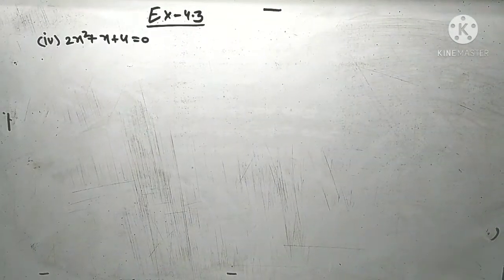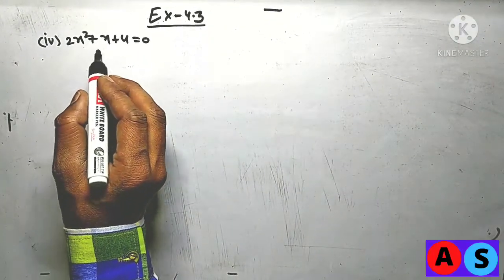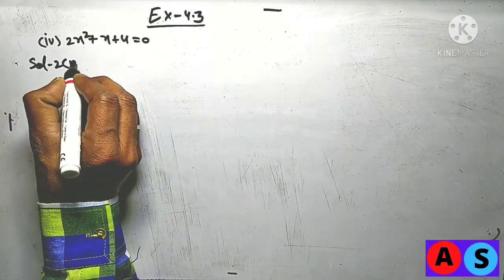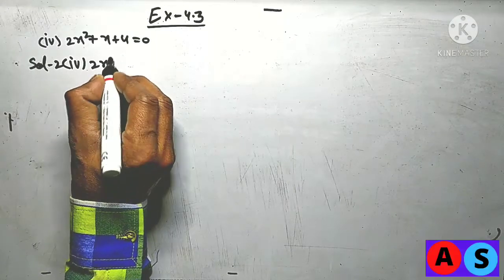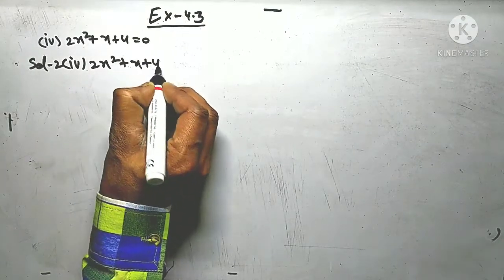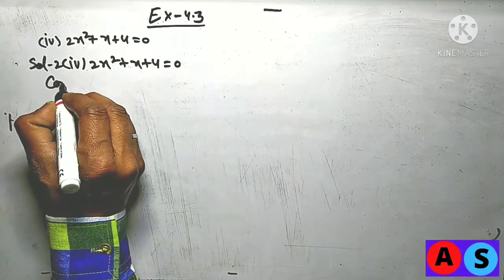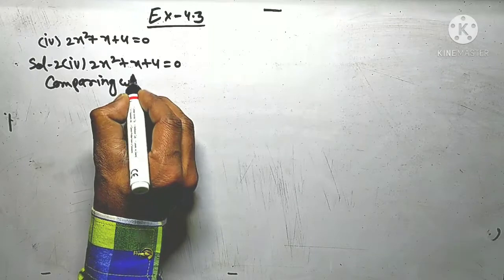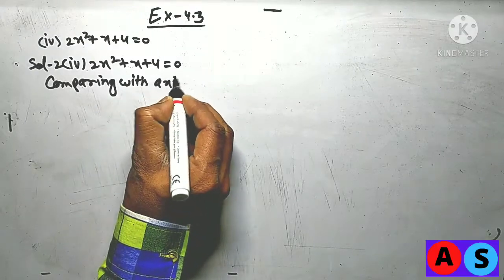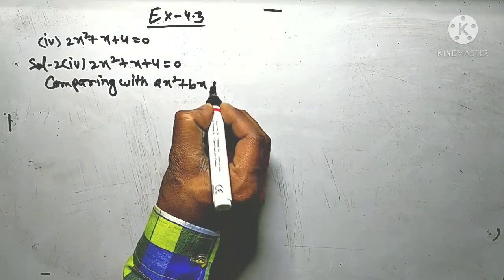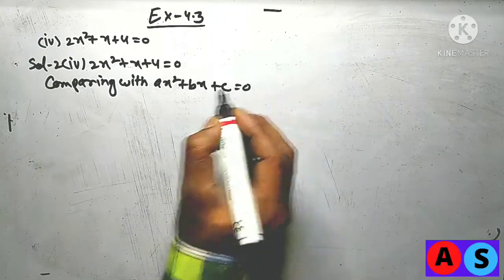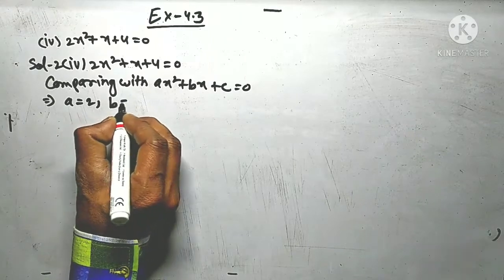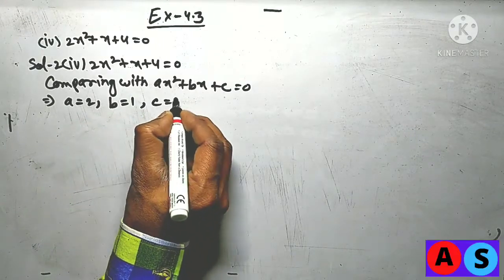Part 4 is given 2x square plus x plus 4 is equal to 0. Solution to part 4th. 2x square plus x plus 4 is equal to 0. Comparing with ax square plus bx plus c is equal to 0 implies that a is equal to 2 comma b is equal to 1 comma c is equal to 4.